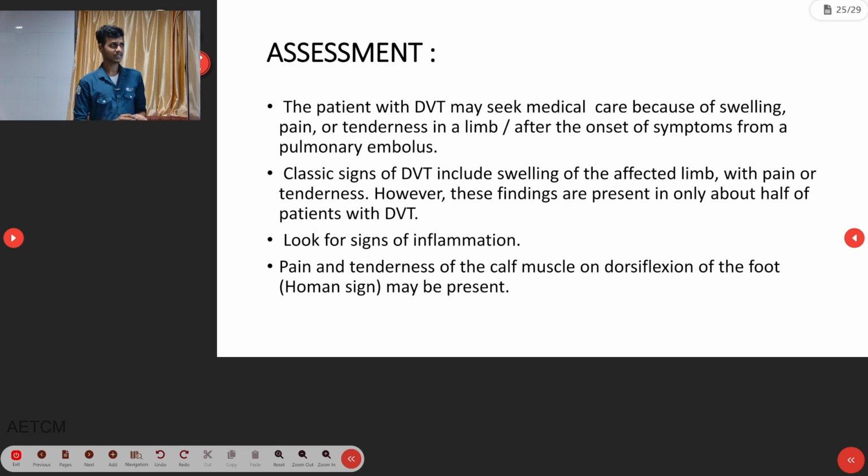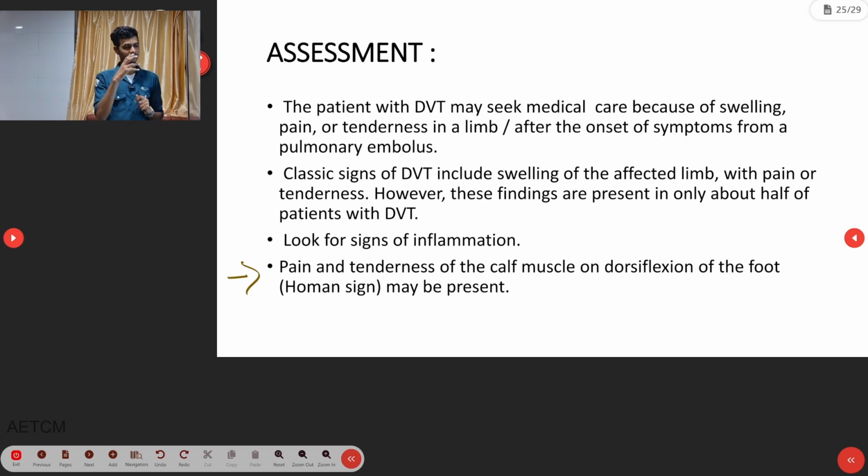In assessment, the major clinical manifestations in DVT are swelling and pain or tenderness in the affected limb. Here we have to look for inflammation-related signs. One is called the Homan sign. If the person has a DVT in the lower limb, more specifically in the calf region below the knee, and you dorsiflex the foot, the person will complain of pain or tenderness over the calf muscle.